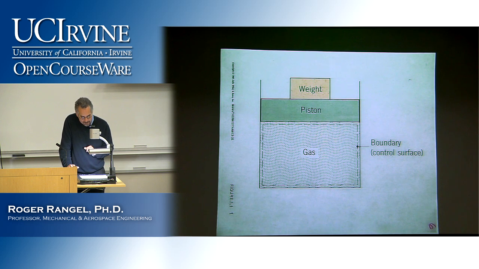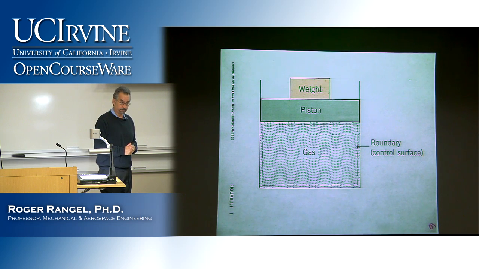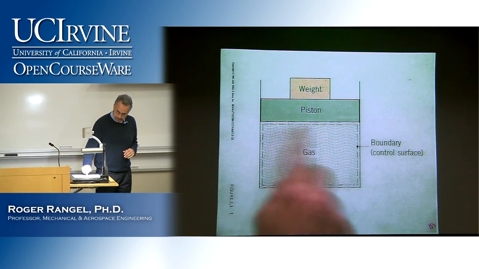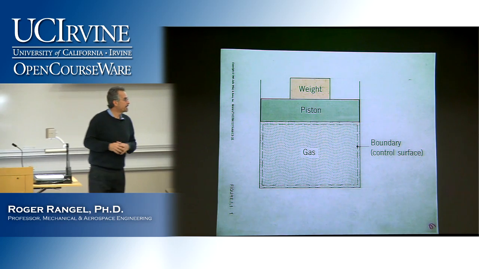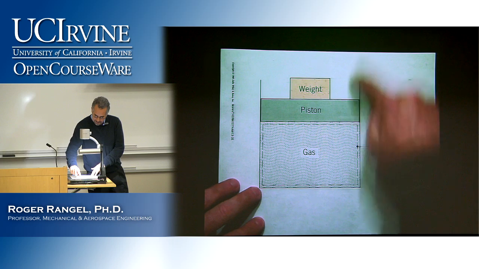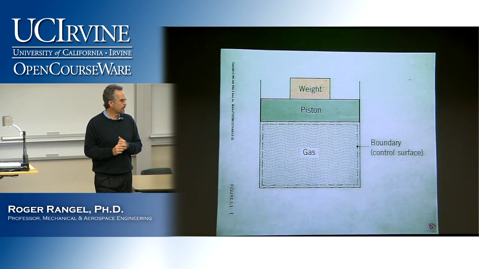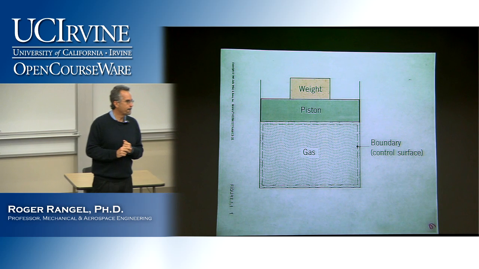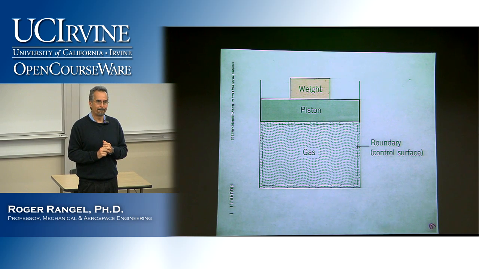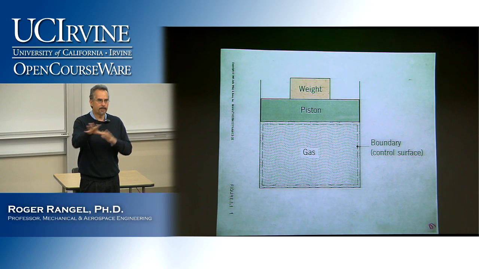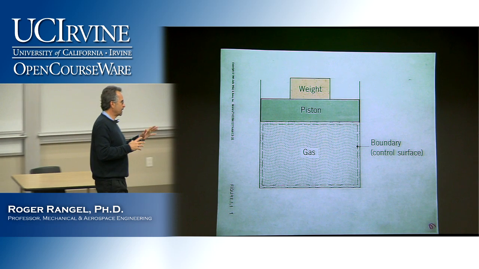Suppose I say that the system is this gas. But now there is a leak, and maybe some of this gas is escaping here. Is that a closed system or an open system? Open, open, open.